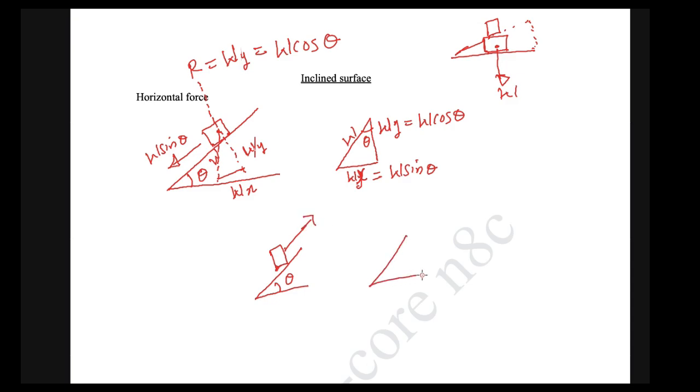You can have an object on an inclined surface in which a force is applied downward. You can have an inclined surface in which an inclined force is applied to the object. I don't want to explain all of that because we are still going to solve questions on them. When we solve questions on them, it's going to be clearer to you.